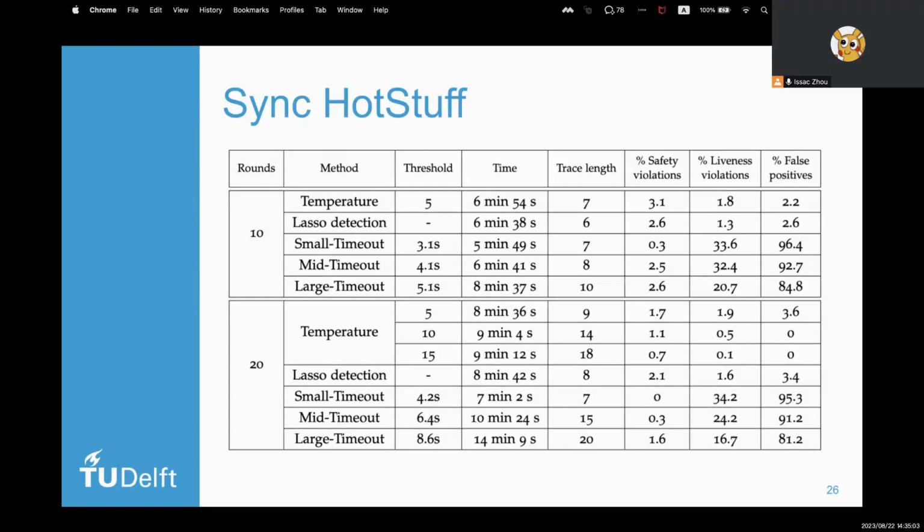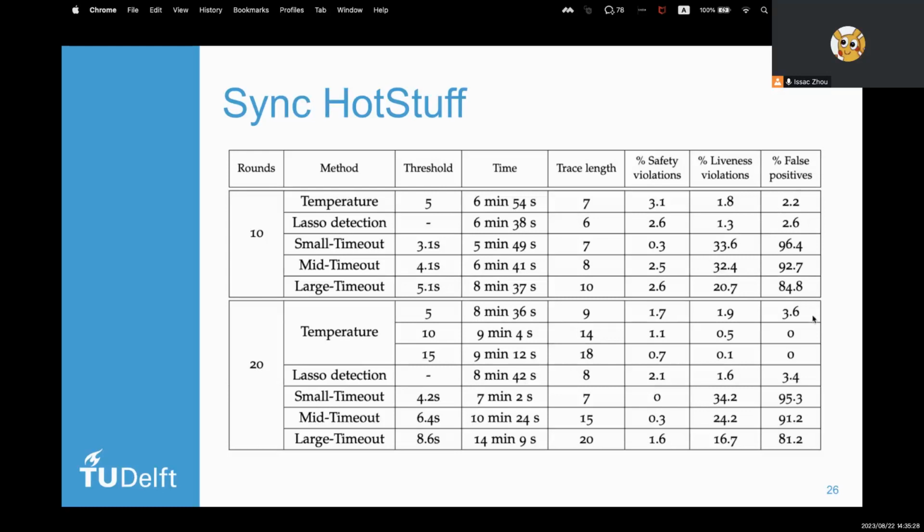We see a higher false positive rate from the adaptations of our synchronous HotStuff. For example, the temperature method or lasso detection method can report about 2% of false positives.